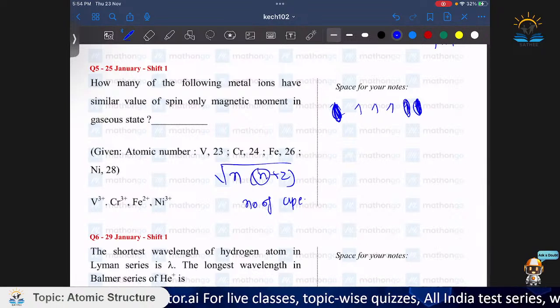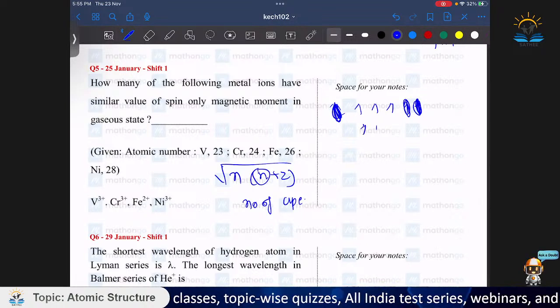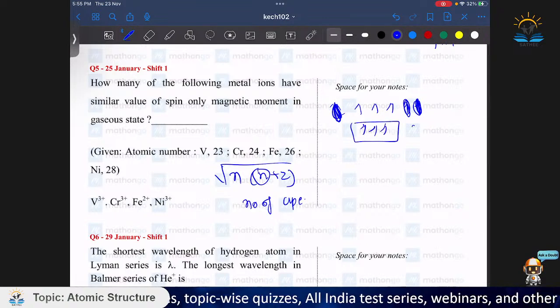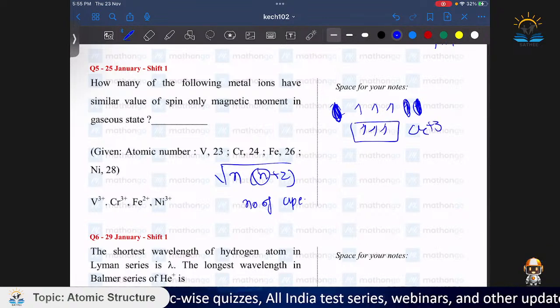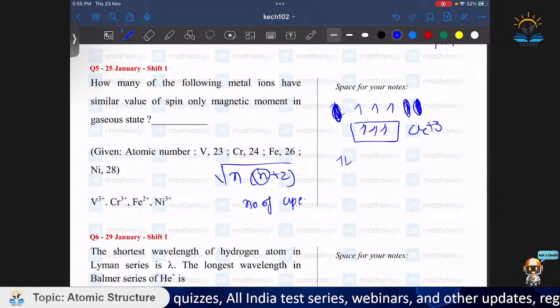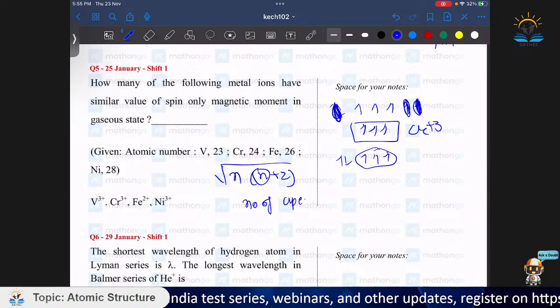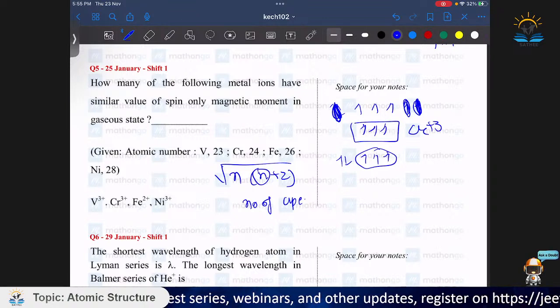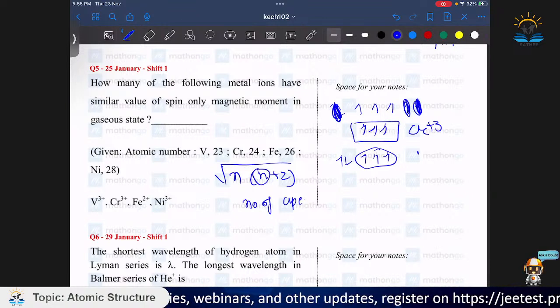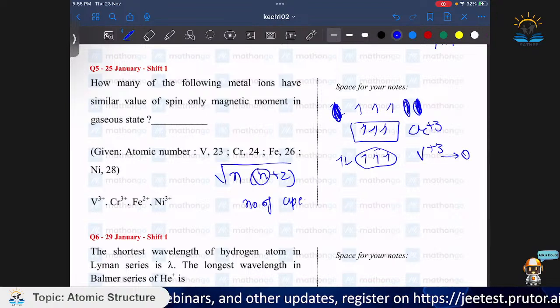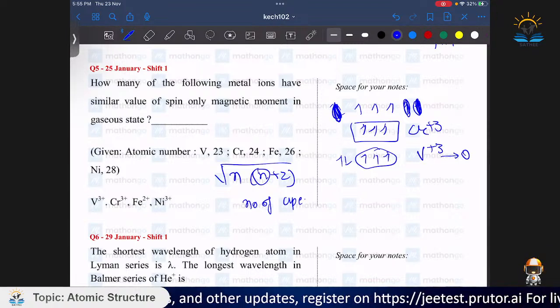So for chromium plus 3, you have 3. For vanadium plus 3, because vanadium is after titanium. Vanadium plus 3 is you remove these 3 electrons.